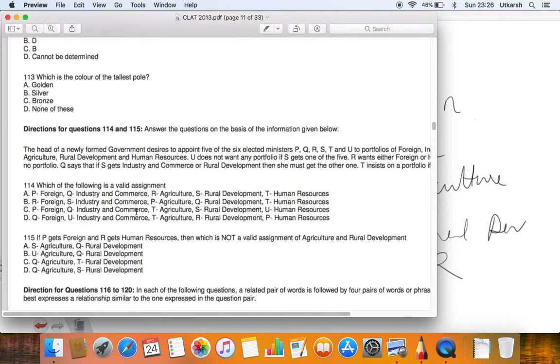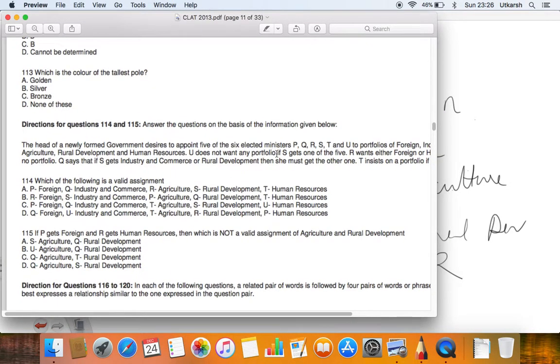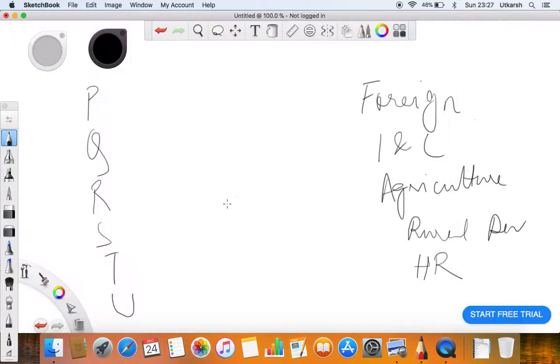All right. So now let's look at the conditions. U does not want any portfolio if S gets one of the five, right? So any option which has S and U together, we can eliminate that option. So S cannot be with U. I mean, don't start eliminating the options now. We'll come to that.